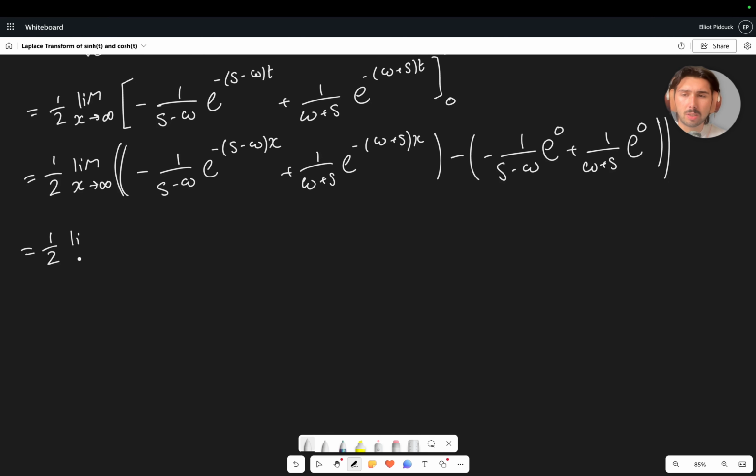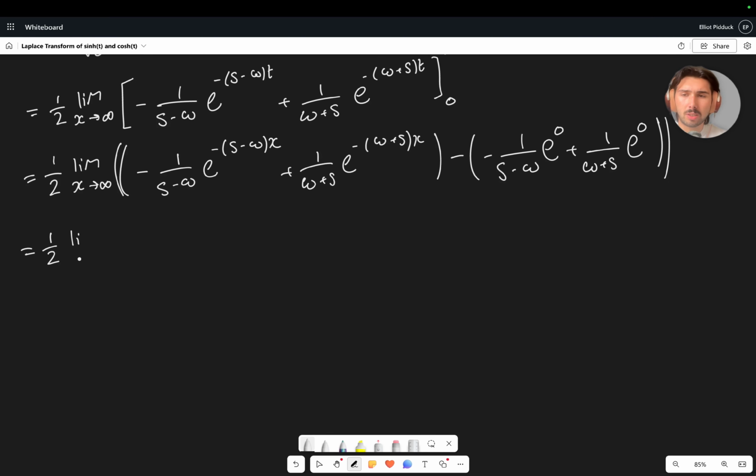Okay, and then we can do this all on one line here. So now they have the same denominator. I can add the numerators together. So omega plus s minus minus omega, that's 2 omega. And then we're dividing that by, what's this? Well, if we expand this out, we would have minus omega squared, plus s squared from the outside terms.